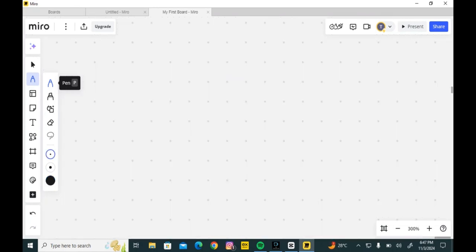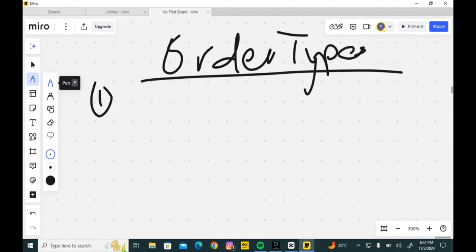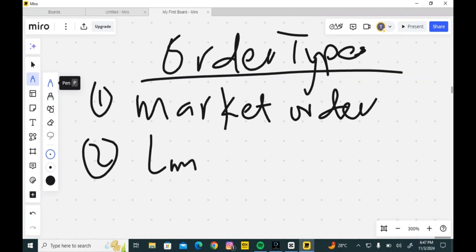Still on the trading terminologies. Right now, I'm going to be talking about other types, right? We have different types of order. One is the market order. Two, limit order.